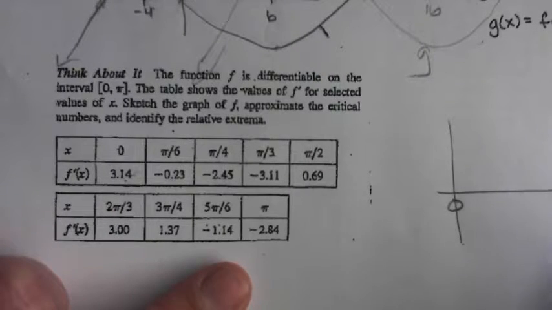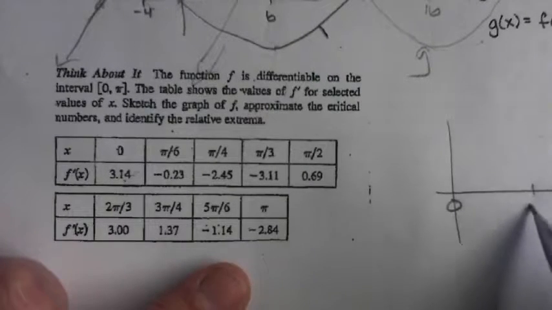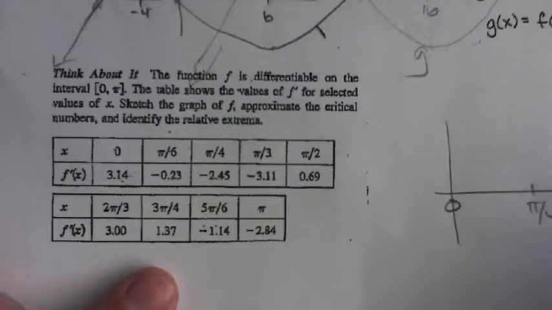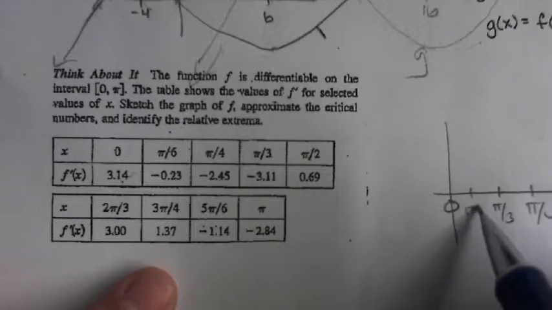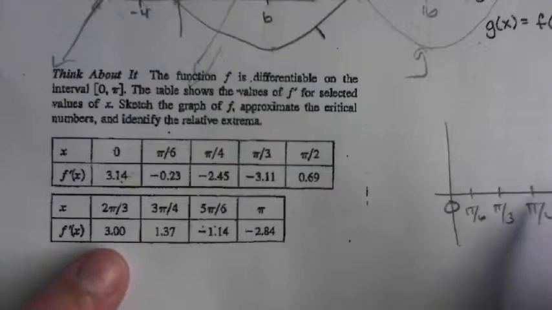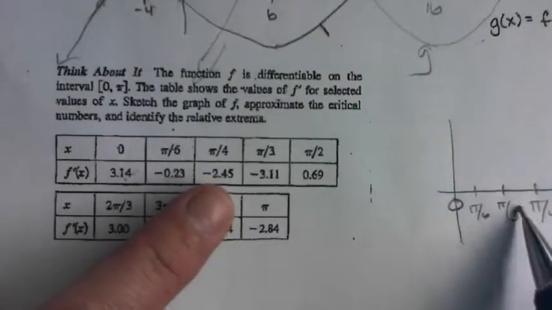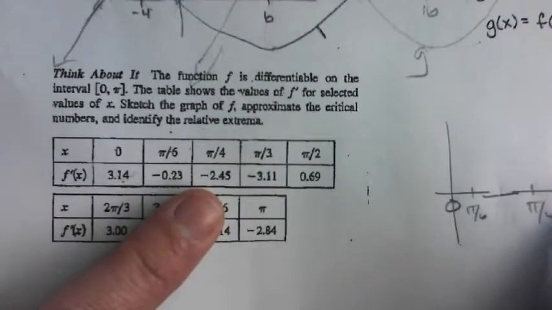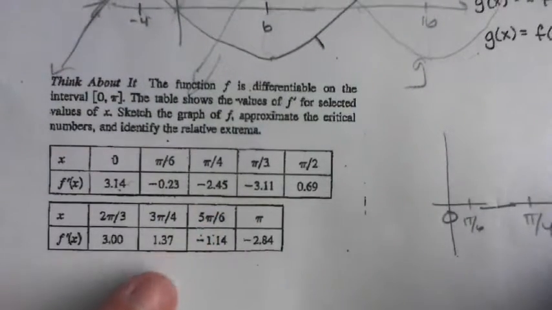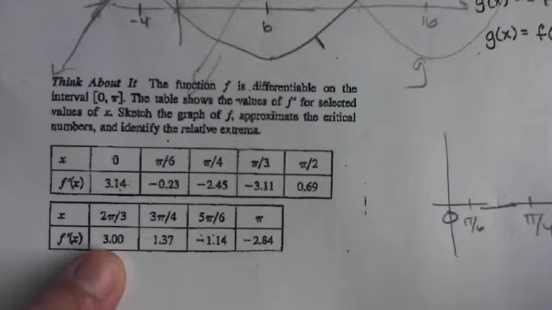Here would be pi over 2. Here would be pi over 4. Here would be 3 pi over 4. Pi over 3, pi over 6. Oh no, I put pi over 3 in the wrong spot. A common denominator would be lovely here, wouldn't it?